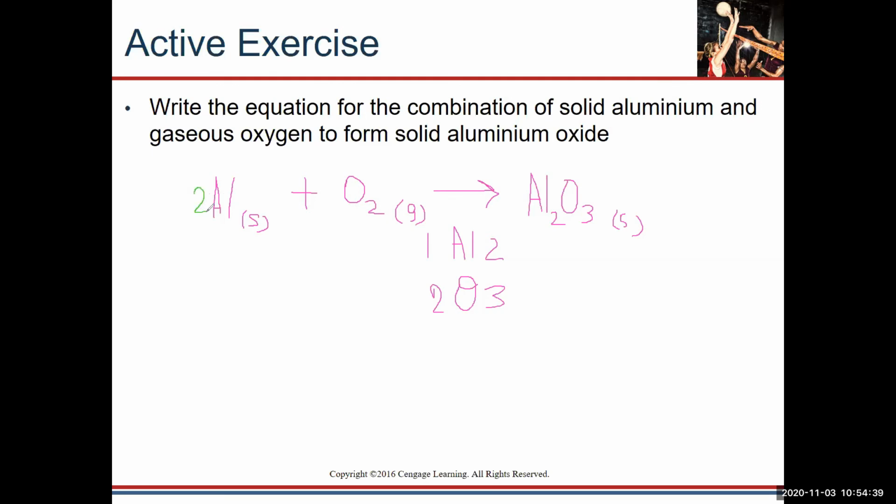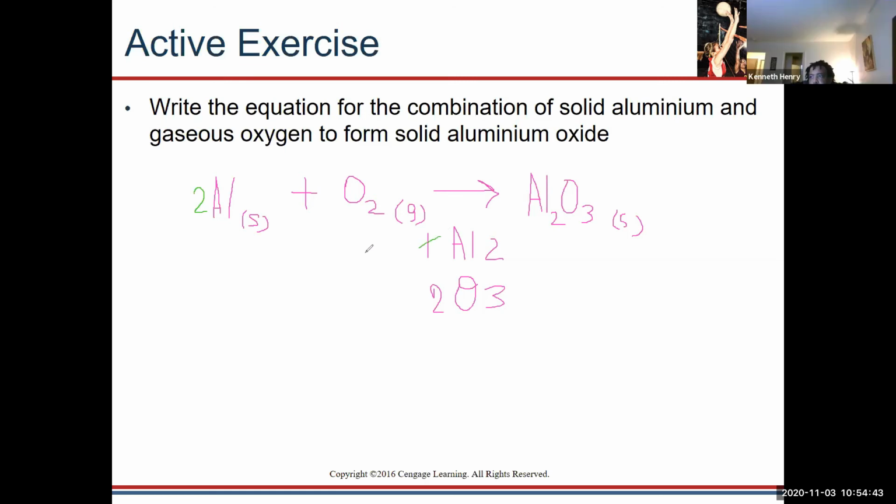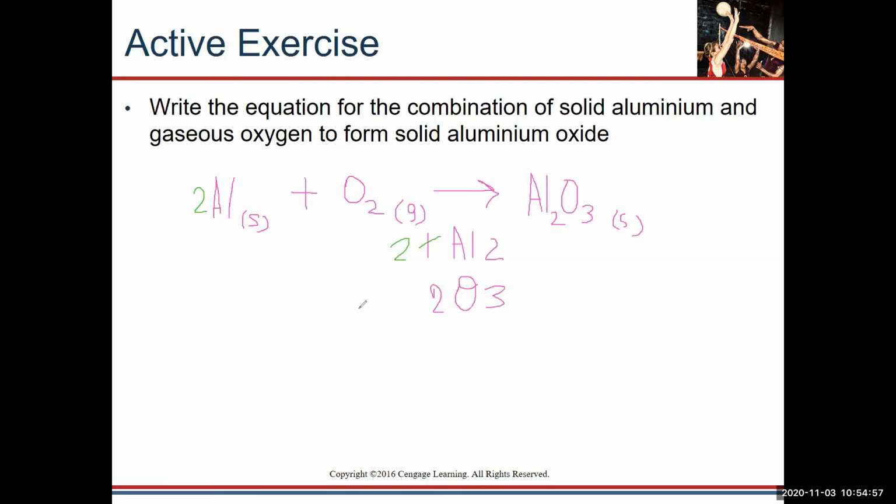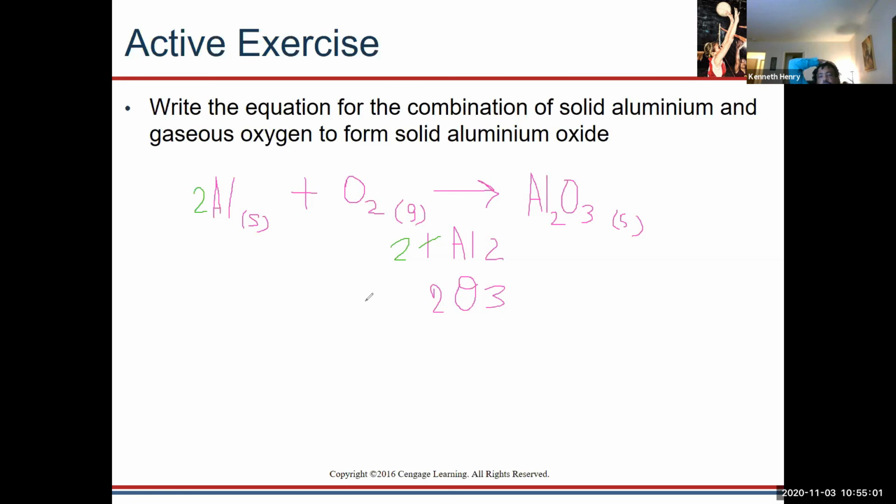Okay, so that makes this balanced. What about the oxygen? Is it balanced? No. So what do I need to do to balance it? I need 6 oxygen total. Should I put a 6 here or a 3 here?